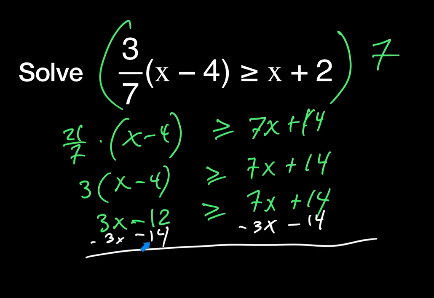Again, noticing that whatever I'm doing here, I have the exact same thing on the other side of my, in this case, inequality. Sometimes it's an equality. On the left, I have negative 26 greater than or equal to 4x. Then divide by 4.